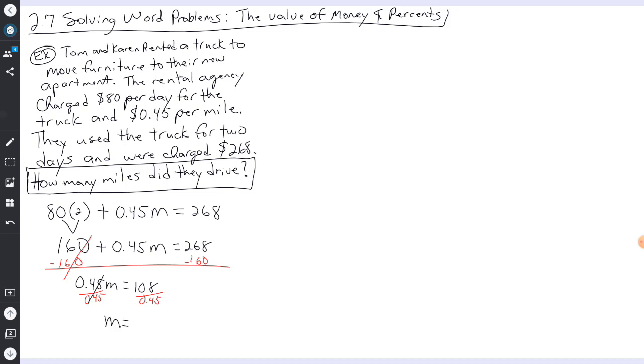So 108 divided by 0.45 will give us 240. So what does this mean now? They drove 240 miles.